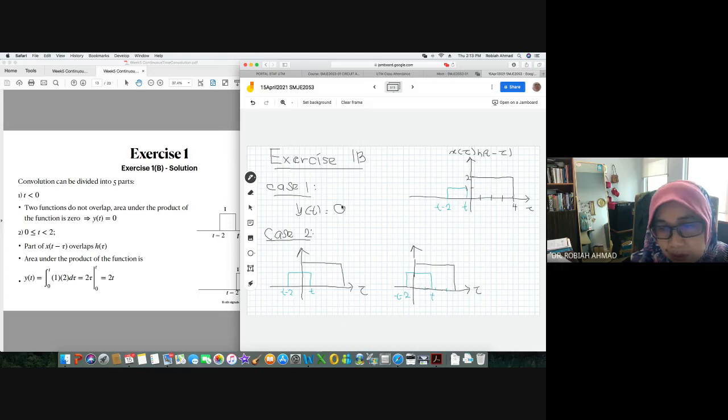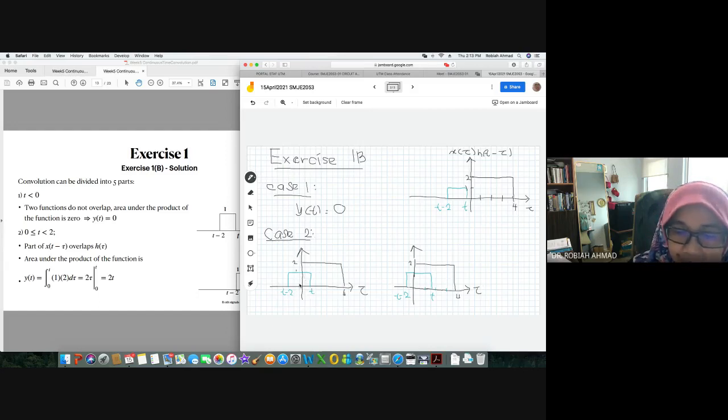So when there is no overlap, the y(t) is 0. Okay, case 2, when the h starts to approach the bigger one. So bigger one ni tadi 2 dengan 4, 2 and 4. Whereas the smaller one, the amplitude is 1 with the width 2.